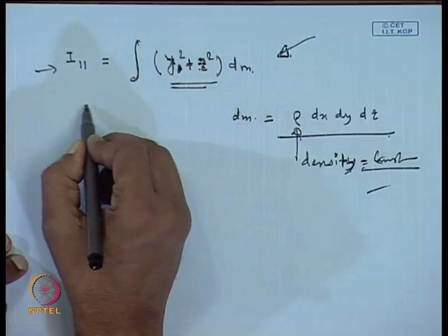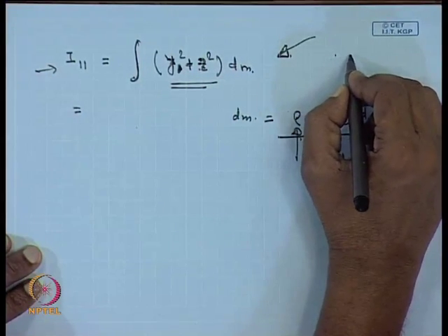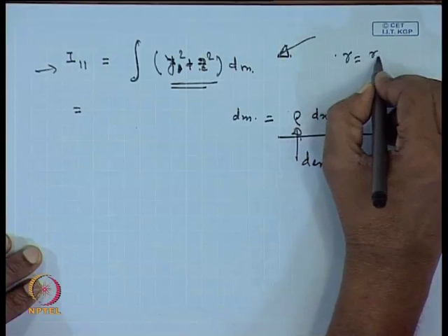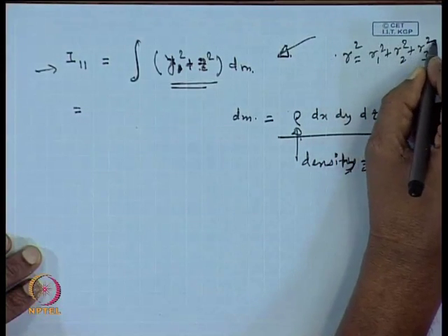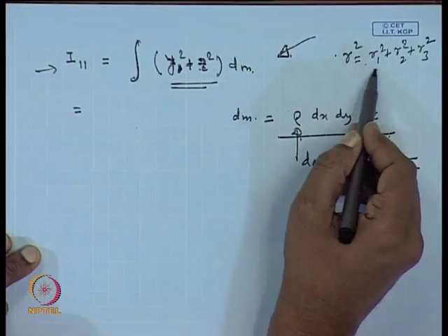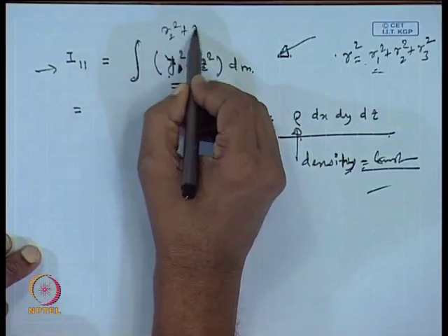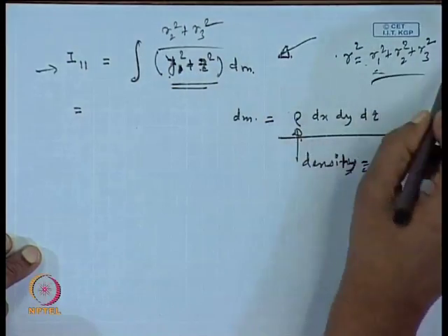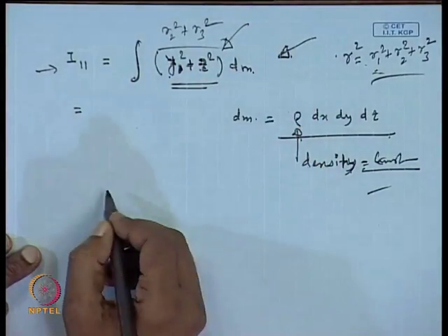Or the same thing you could have written in terms of r 1 square, r 2 square plus r 3 square, which are the components along the E 1, E 2, E 3 axes. So, instead of using this you could have written r 2 square plus r 3 square and you could have developed the whole thing. So, let us follow this.